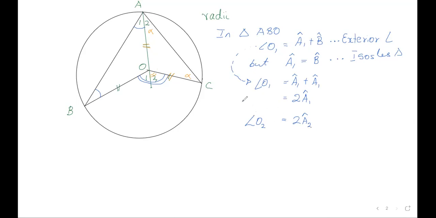Now let's see what happens if I combine A1 and A2. I will have twice angle A1 plus twice angle A2 is equal to angle O1 plus angle O2. But O1 and O2 gives us angle BOC.